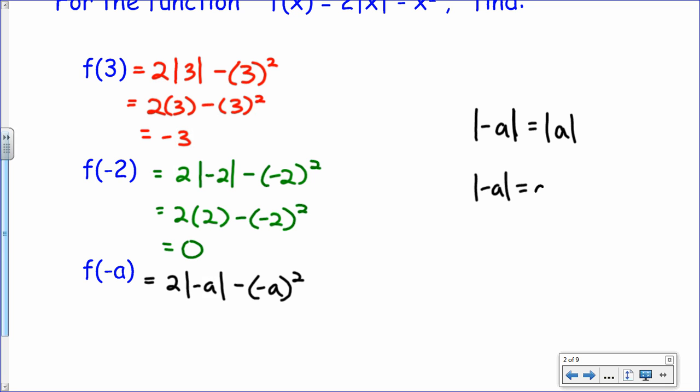Like, you cannot just say this, because if a started out as negative, then when you did the absolute value, you would get a positive, and that wouldn't be a. Right? So it's not this. Absolute value of negative a equals absolute value of a. Okay?